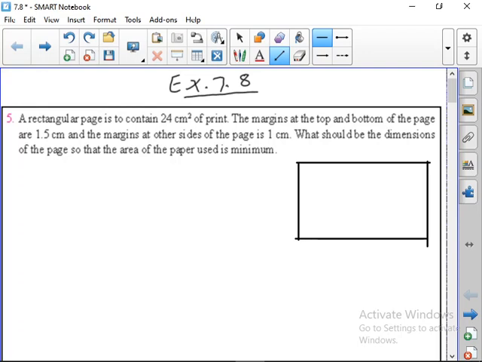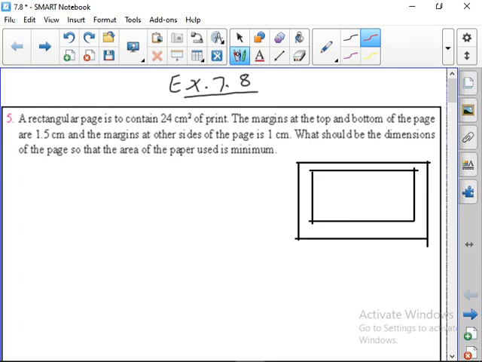So, if you have the margin, say you take it like this. What is given is the margin is 1.5. So, this is 1.5, this is 1.5.